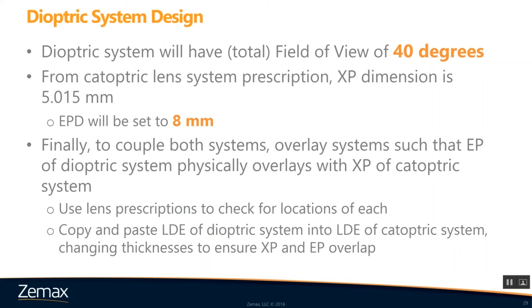The catoptric lens system prescription said that the exit pupil dimension was 5.015 millimeters, so we'll set the entrance pupil diameter of the dioptric system to be 8, again rounding up for functionality and error.